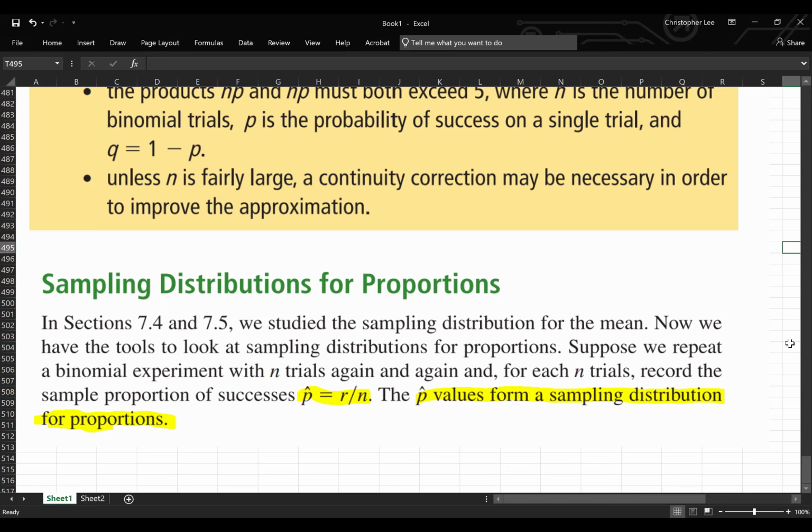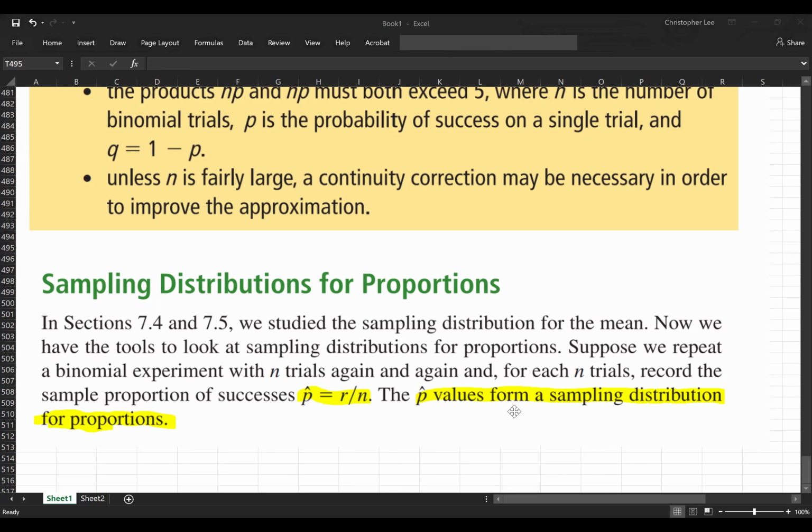This is a new thing, p hat equal to r over n. R is your number of successes, n is your sample size. That's how you get that. The p hat values form a sampling distribution for proportions.